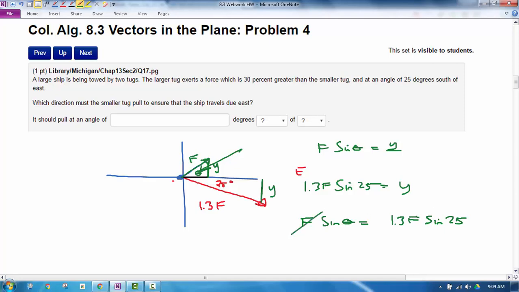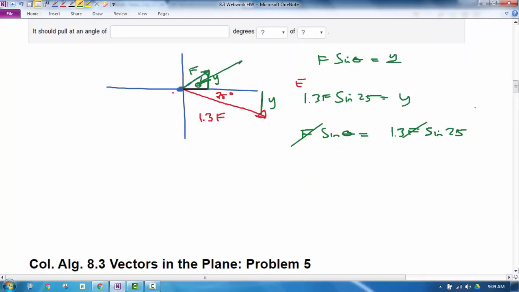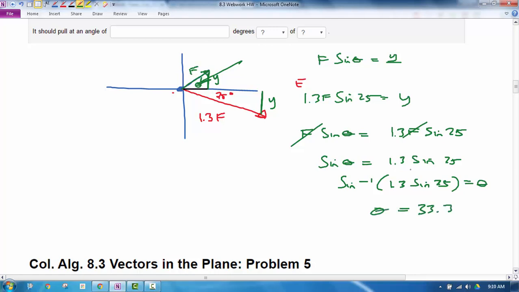So the f's cancel, divide both sides by f, and you get sine of theta equals 1.3 sine of 25. Take the inverse sine of both sides, and you get what you're looking for, theta, which in this case is 33.3 degrees right there. And that angle is up from east, so we would say north of east.